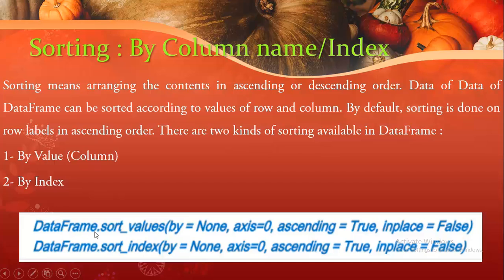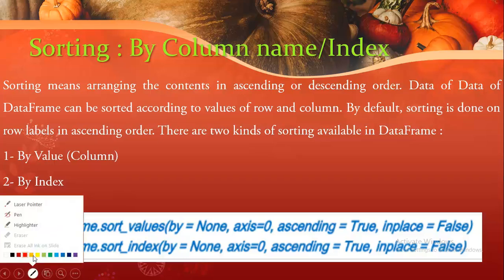Here, data frame object name, then sort underscore values. Here, by means the field for which you have to arrange the data. Then axis, you know it very well, 0 defines row and 1 column. Then ascending: if you write true, it displays the data in ascending order, and if you write false, it arranges the data in descending order.